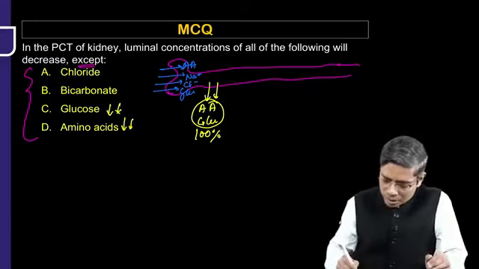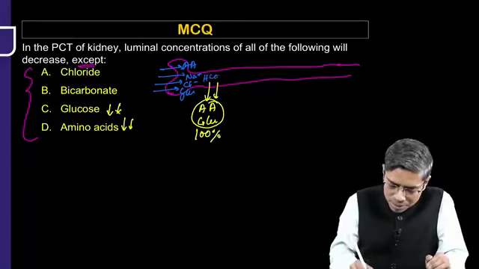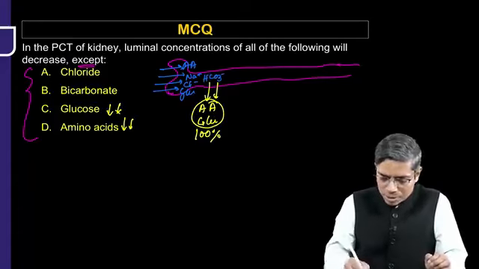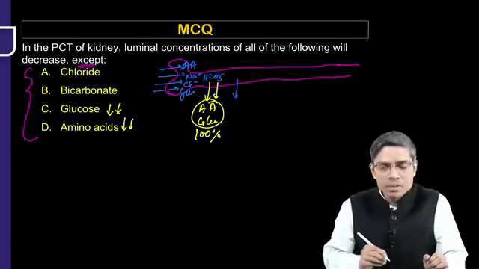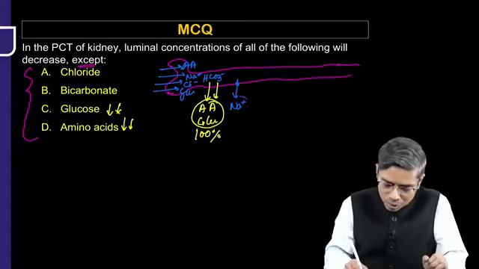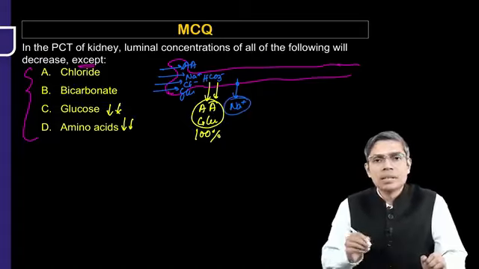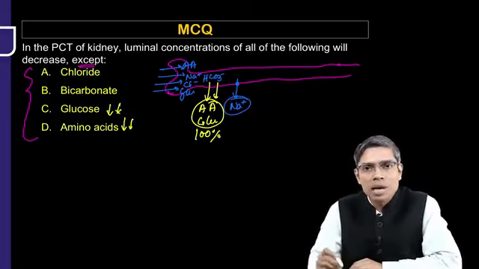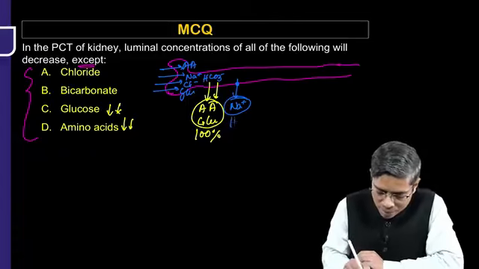What about bicarbonate? Bicarbonate is also a freely filterable substance in the proximal tubule. In the first part of the proximal tubule, the sodium which has been filtered is going to be reabsorbed. But how is this sodium reabsorption going to happen? This sodium reabsorption happens along with glucose, along with amino acids, along with bicarbonate.